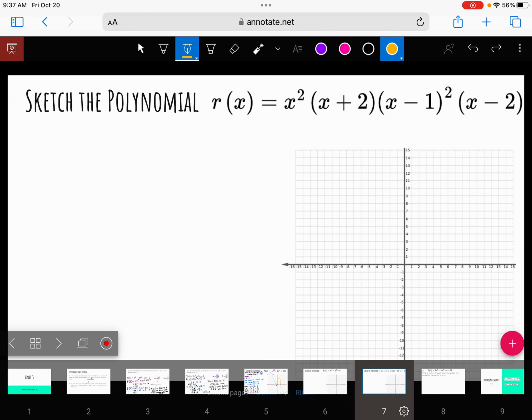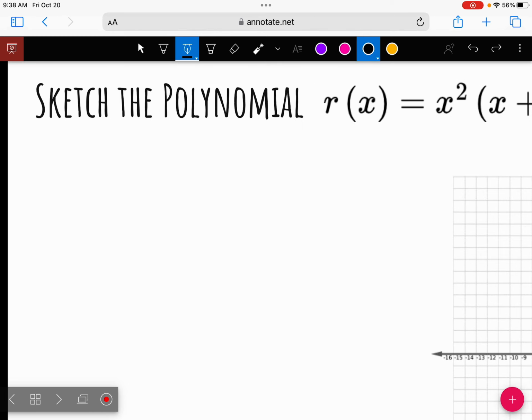So we're going to sketch this polynomial. It's already in factored form for us. We love that. So what is our degree?